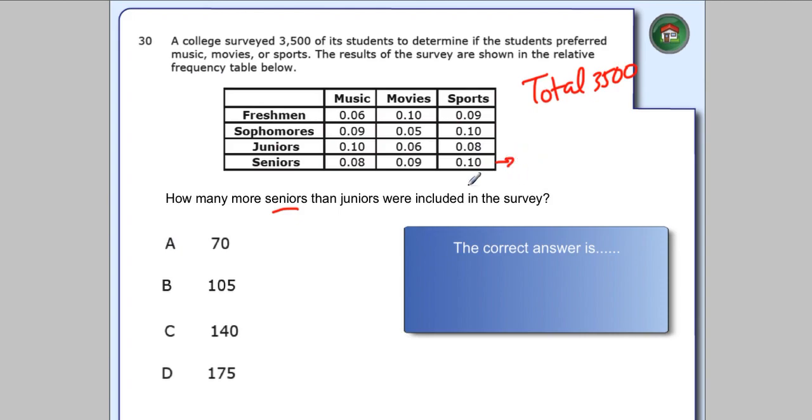If I add the seniors up, 0.08 plus 0.09 is 0.17, plus 0.10 is 0.27. And juniors would be 0.1 plus 0.06 is 0.16, plus 0.08 is 0.24. So we know that essentially 24% of the survey was juniors and 27% was seniors.